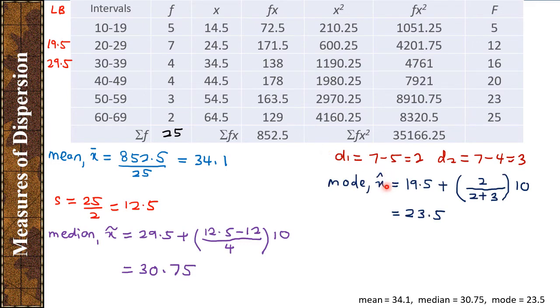Remember, the notation for the mode is X cap. It is located in the interval class 20 to 29, so the lower boundary would be 19.5. So 19.5 plus D1 over D1 plus D2, so 2 over 2 plus 3, which is 5. And then the size of the class interval is the same, which is 10. Then we get the value of the mode is 23.5.